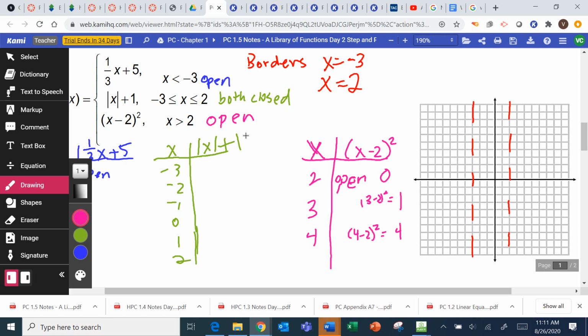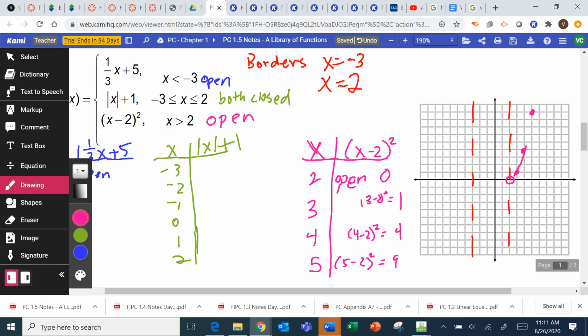I feel like I'm probably going to have some more values in this table, so I'll do another value. 5 minus 2 squared is 9. And then we're getting closer to being off the graph. So 2, 0 is open. 3, 1. 4, 4. 5, 9.